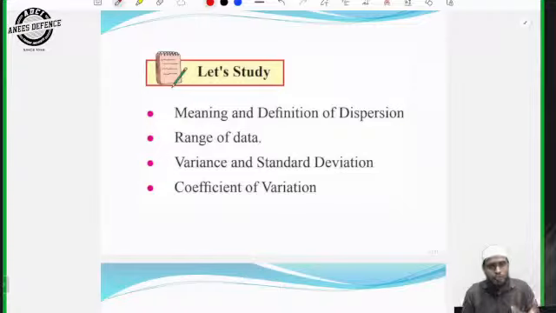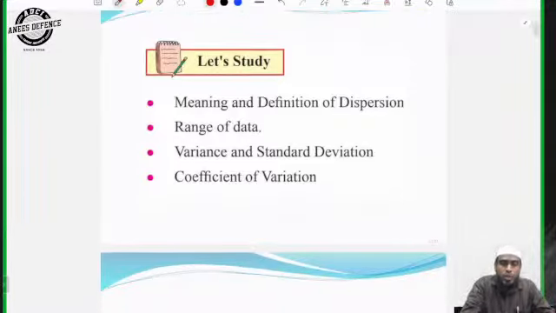So we have to get a parameter that will consider almost all observations. That is why we are going for the dispersion concept. Dispersion is the variation of the observations from the mean value.